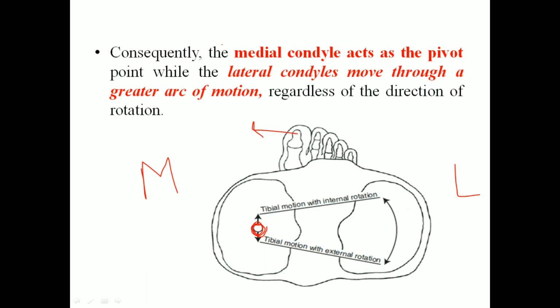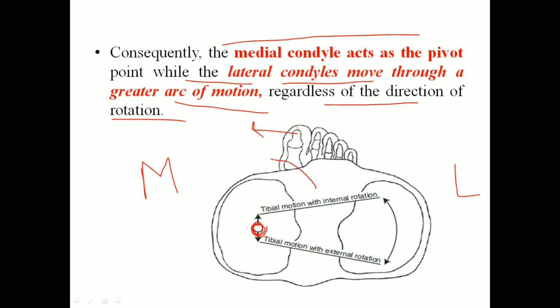So consequently the medial condyle acts as a pivot point, while the lateral condyle moves through a greater arc of motion regardless of the direction of the rotation. So what does it mean? Whenever we do medial and lateral rotation, now if this is the medial side, this is the medial rotation and this will be our lateral rotation.